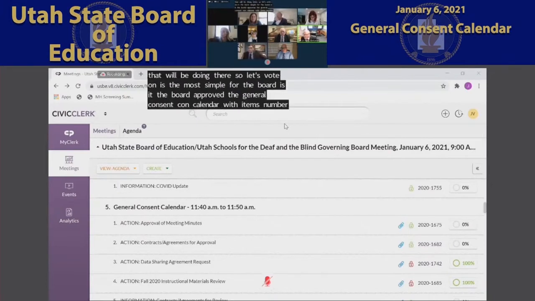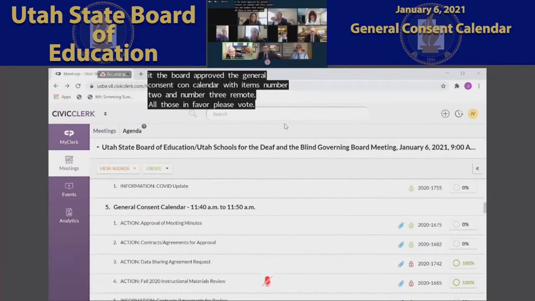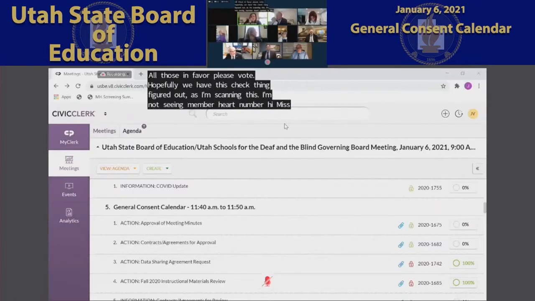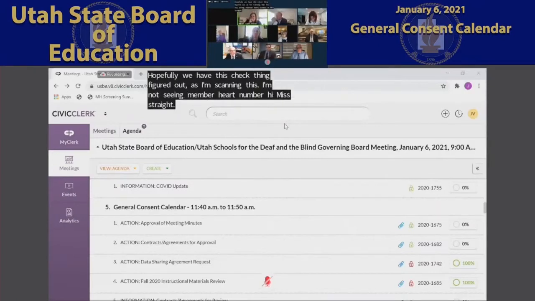Hopefully we have this check thing figured out. As I'm scanning this, I'm not seeing member Hart, member Hymas, Straight. It's still happening, Chair. Okay, I see a hand flash on Hymas, so I'm going to count that one. Board member Cannon. Chair, what if we try raise hands on this and see if it works? Well, let's try it. Okay, all in favor.